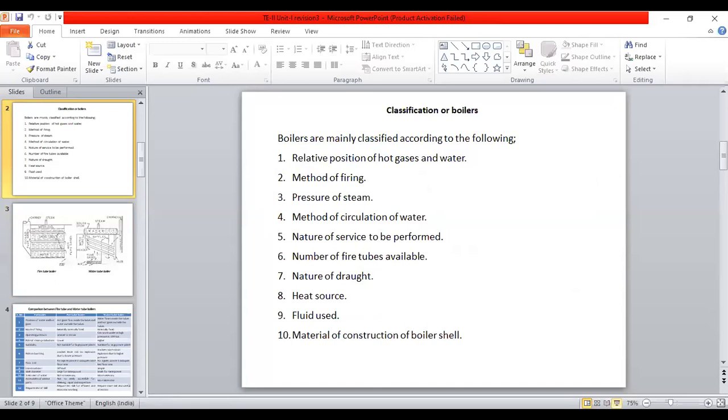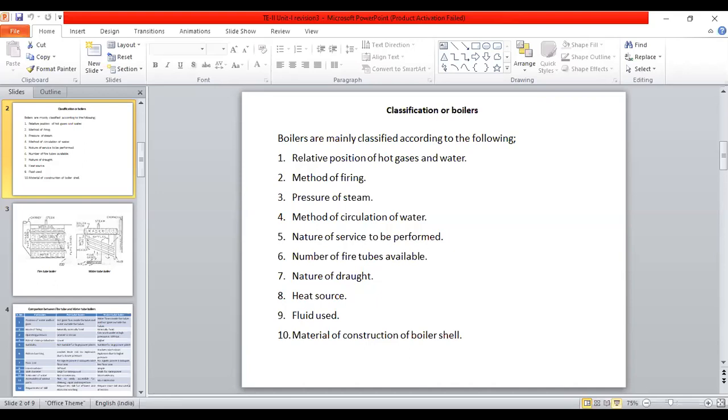The main differences between the internally fired boiler and externally fired boiler: in case of the internally fired boiler, the furnace region is provided inside the boiler shell and is completely surrounded by water cooled surfaces. Examples of internally fired boilers are Cochran, Lancashire, locomotive, and Scotch boiler.